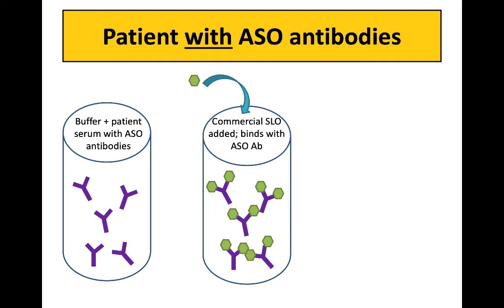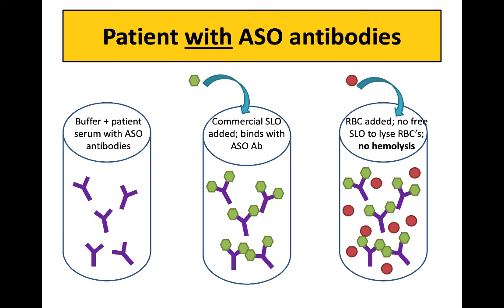So how do we know if there has been binding of antibodies to SLO? We have to add some sort of visual step because we can't see this happening. These are all very soluble small molecules. So the next step is to add red blood cells to this mixture.